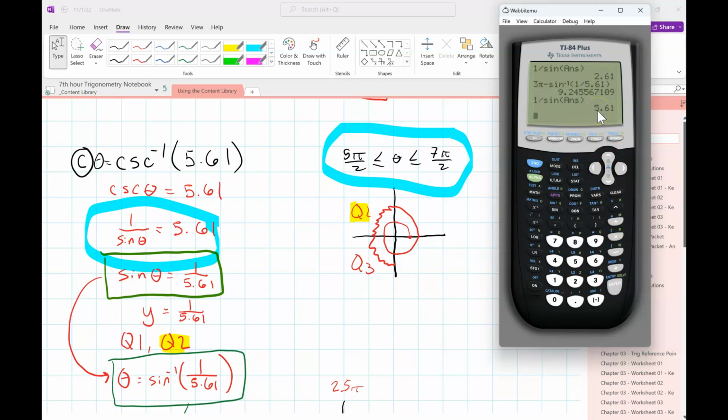So that works. And then got to just make sure that 924 is between 5 pi over 2 and 7 pi over 2. Definitely bigger than 5 pi over 2. Definitely smaller than 7 pi over 2. So I'm sure that that's my final answer.